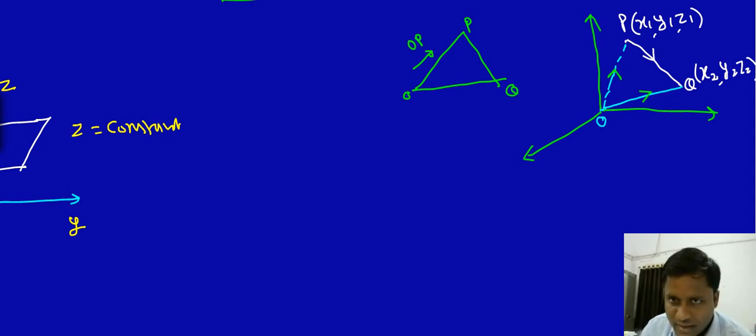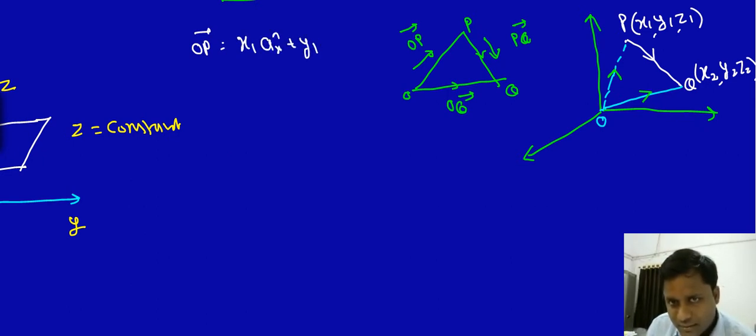This is the OP vector because we are moving from O to P. This is the PQ vector, and this is the OQ vector. If I write the equation of the OP vector, it should be x1 ax cap plus y1 ay cap plus z1 az cap.